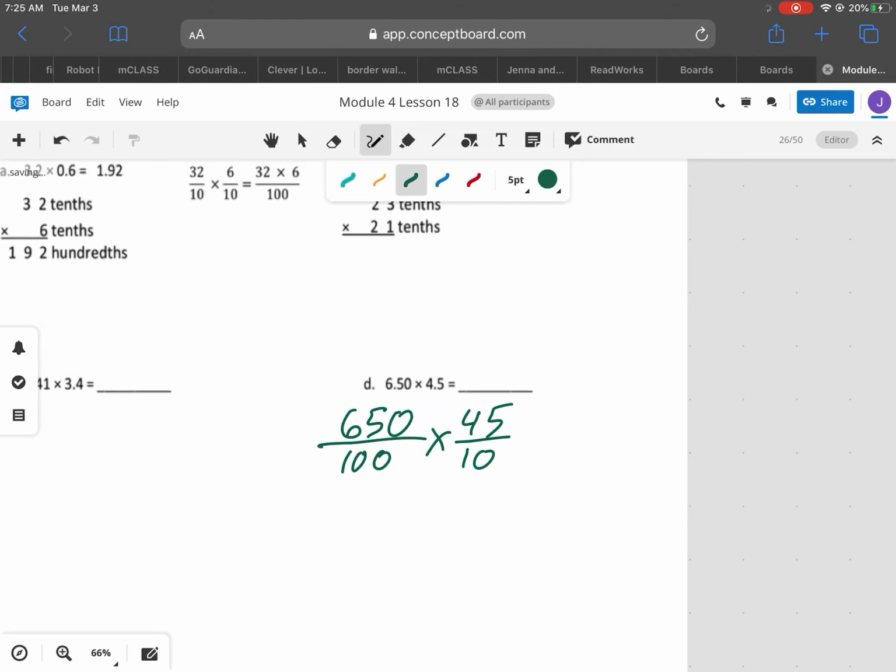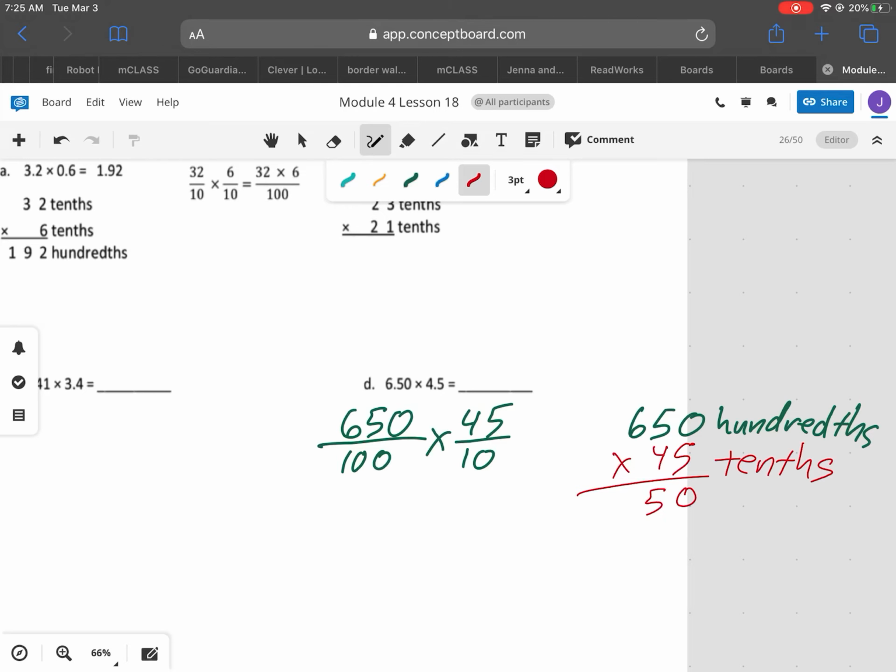Could I have written that 650 hundredths a different way? Yes, I could have done 65 tenths if I really wanted to. Okay, but it's showing that, so I want you to see 650 hundredths. Didn't change my pen, sorry. Times 45 tenths.